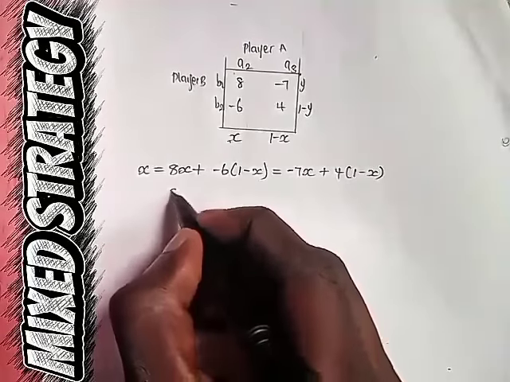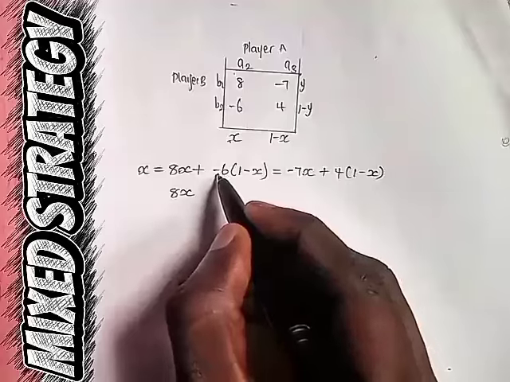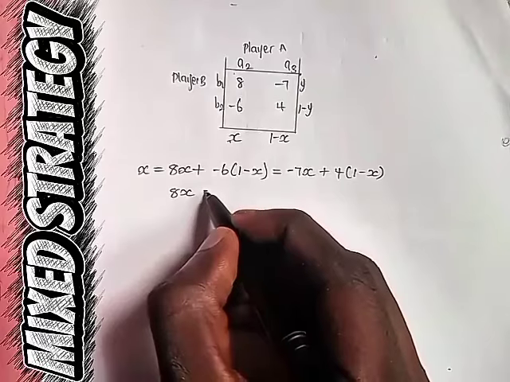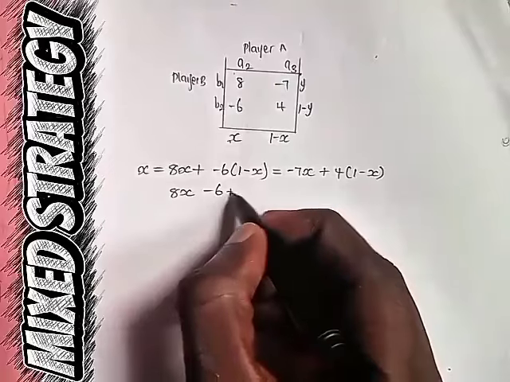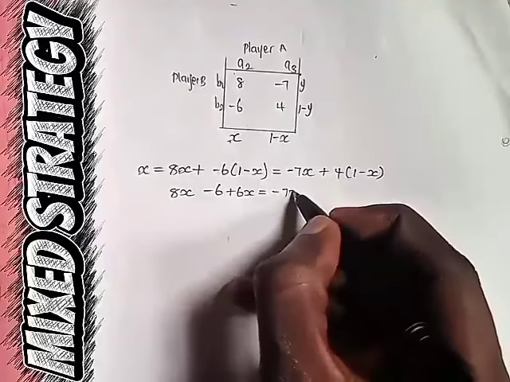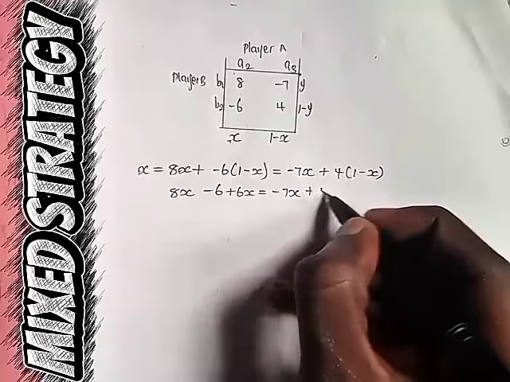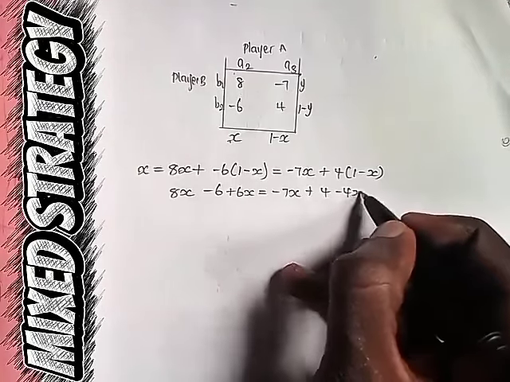So I'm solving for x first. 8x plus, times minus is minus, which is minus 6 multiplied by 1 is minus 6. Minus 6 multiplied by minus x is plus 6x, equals to minus 7x plus 4 times 1 is 4 plus 4 times minus x is minus 4x.